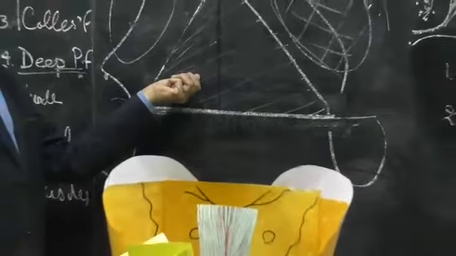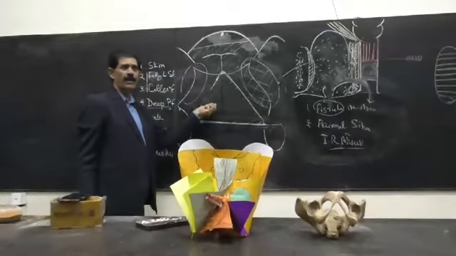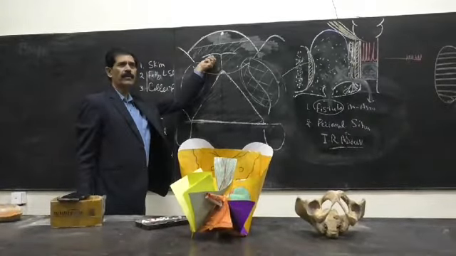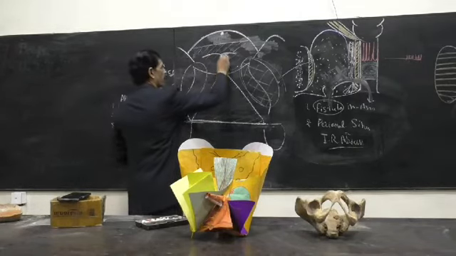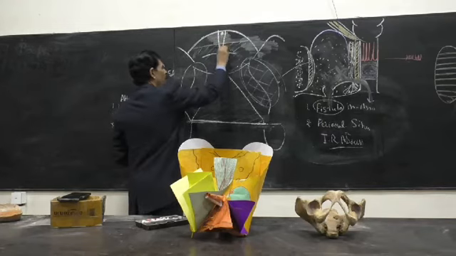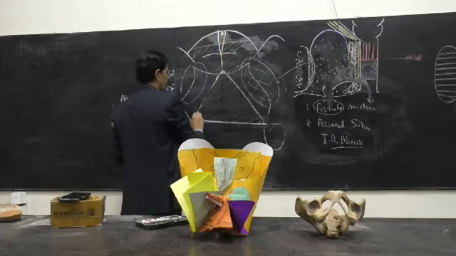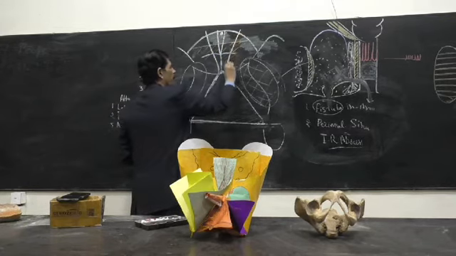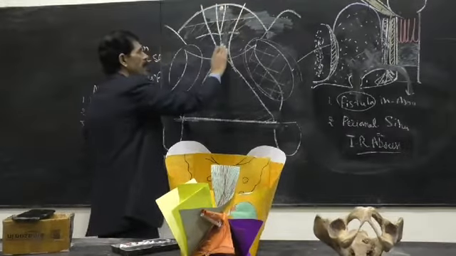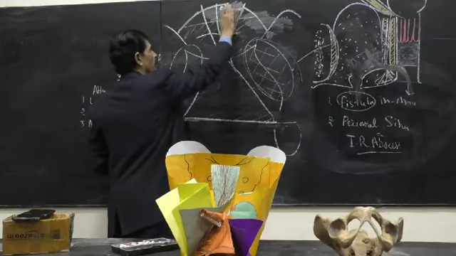When we trace it anteriorly, it is going into the abdomen, which doesn't have a deep fascia. See what happens here. This deep perineal fascia, after attaching to the ischiopubic ramus, is continued into the abdomen, and it is continuous with the rectus sheath.